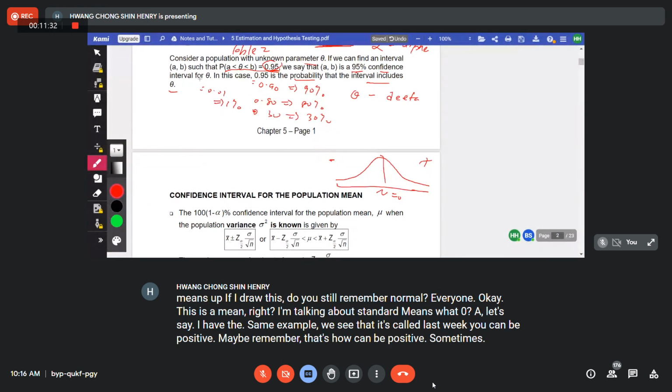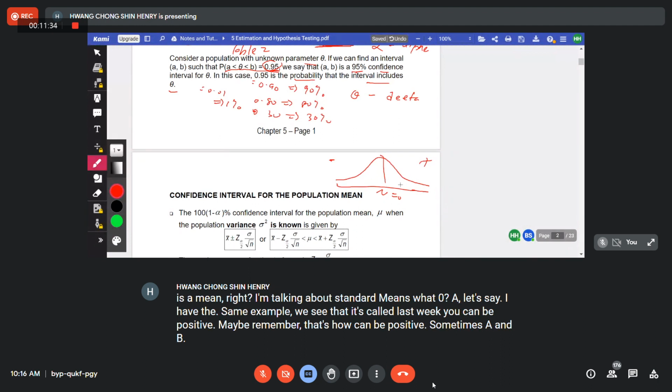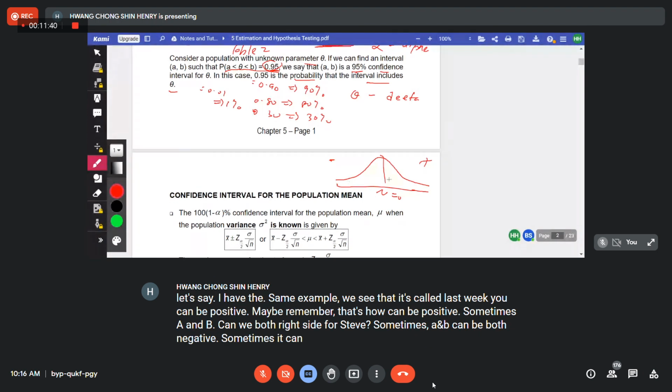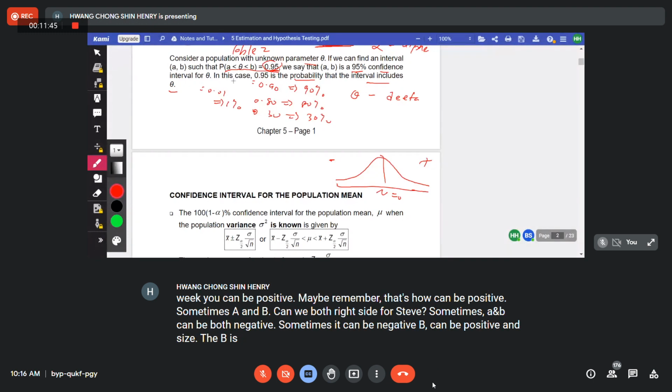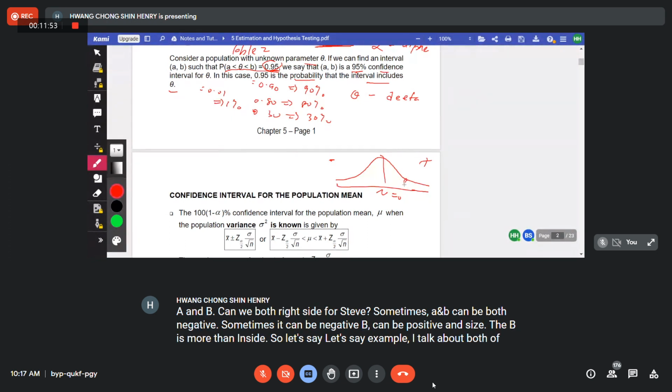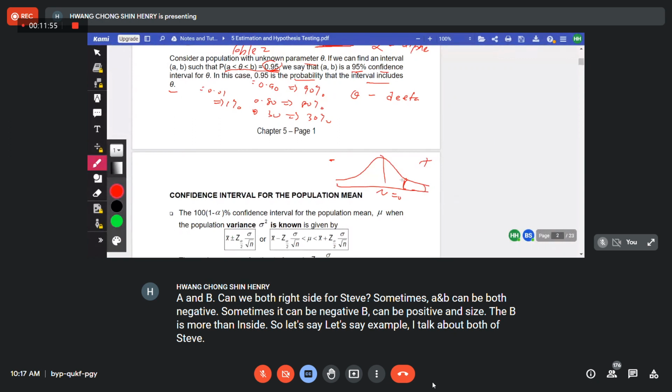Sometimes A and B can both be on the right hand side, positive. Sometimes A and B can both be negative. Sometimes A can be negative, B can be positive. As long as B is more than A, right hand side more than left hand side. So let's say for example, I talk about both positive. A here, B is here.